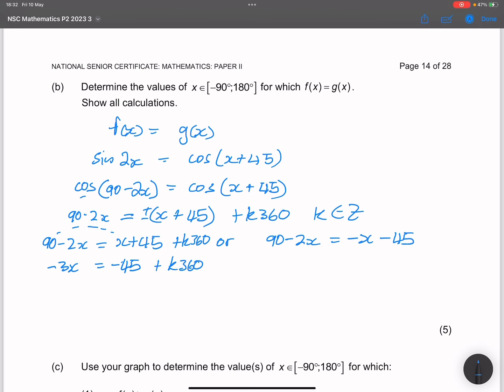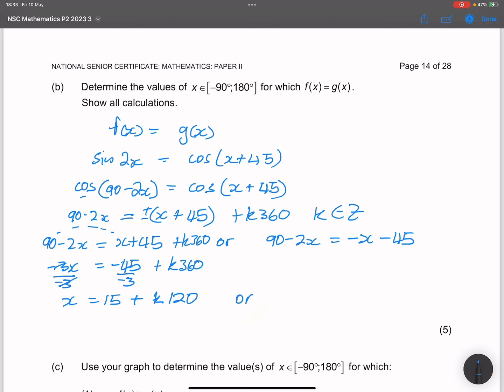And now divide both sides by negative 3. So we've got x is equal to 15, but now plus k, remember that 360 divided by 3 will give us 120.